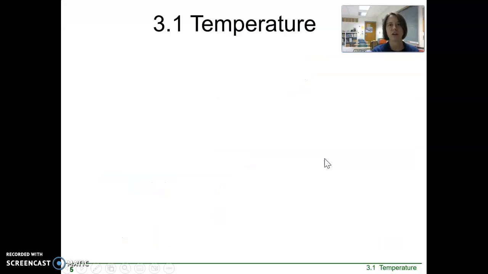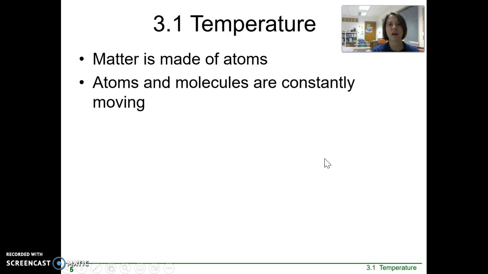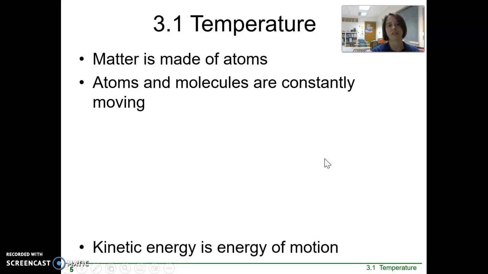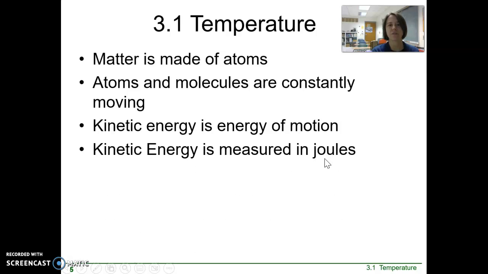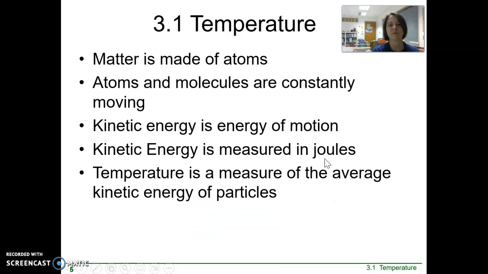All right, I would like you to write this down, please. 3.1 Temperature. We know that matter is made out of atoms. Atoms and molecules are constantly moving. The energy of motion is called kinetic energy, and kinetic energy is measured in joules. So temperature is a measure of the average kinetic energy of particles.